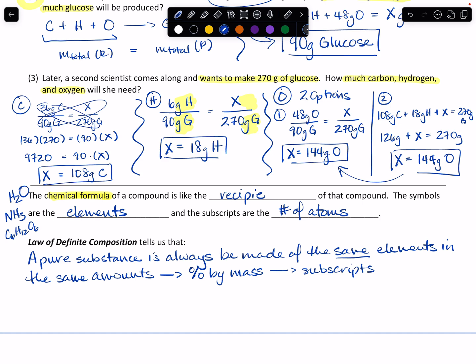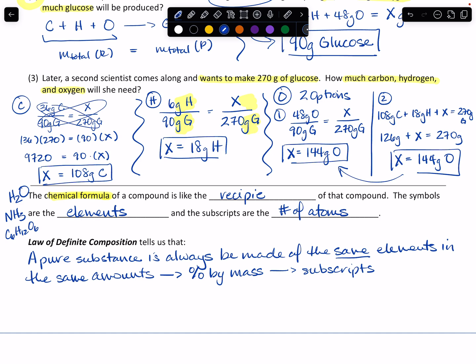It means that if you define a particular compound as water, it doesn't matter where you get the water. If it's water, it's going to have two hydrogens and one oxygen in every molecule. And by mass, that's around 88% oxygen and 12% hydrogen.